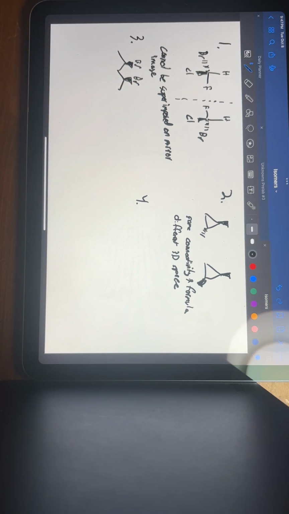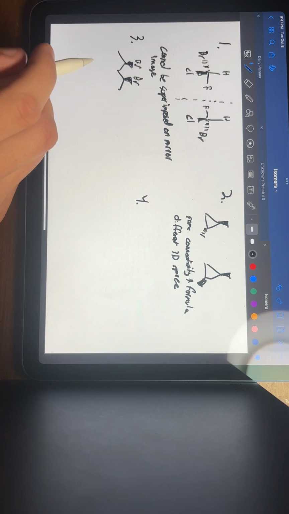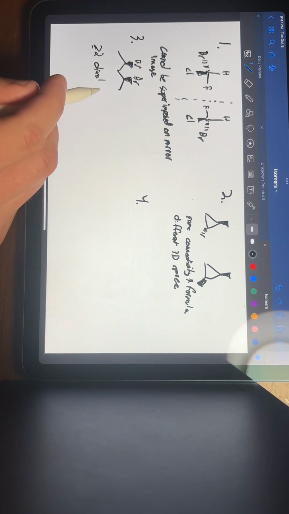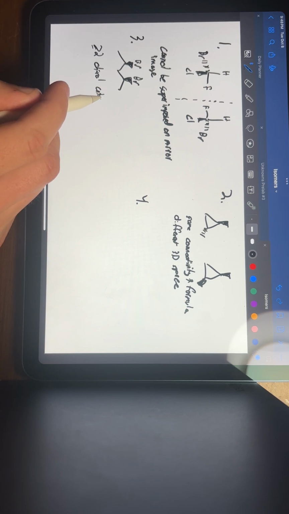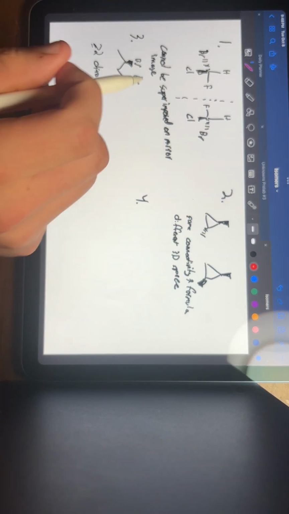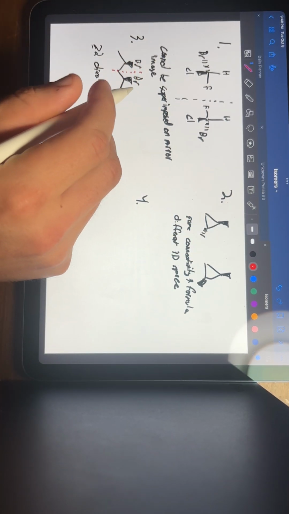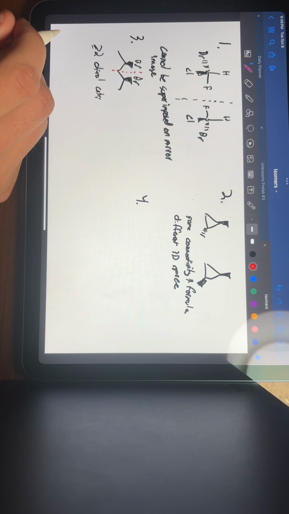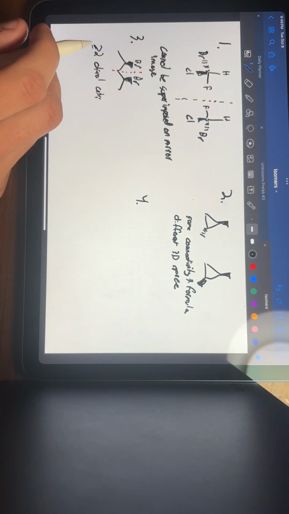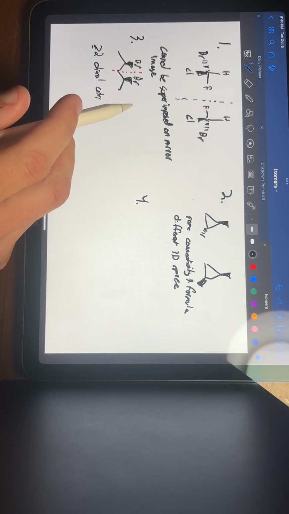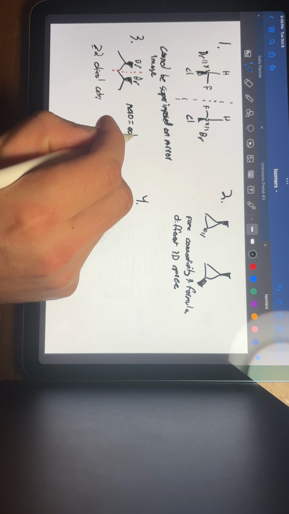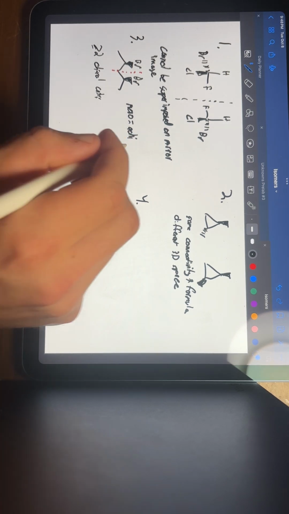A meso compound is going to have more than 1 chiral center, but it has a plane of symmetry. So meso is always going to mean it's achiral, because being meso is a property of being achiral.